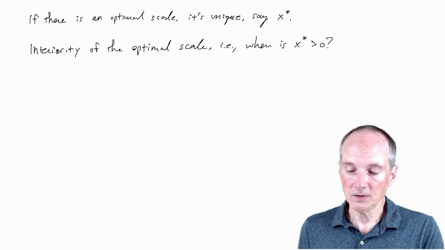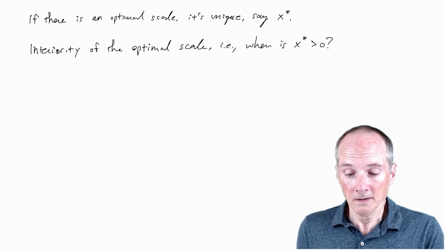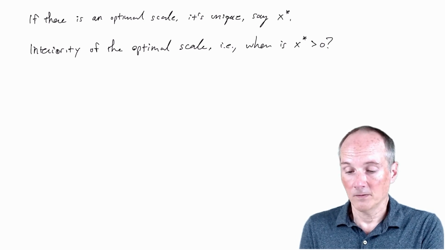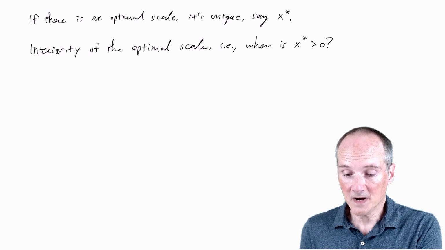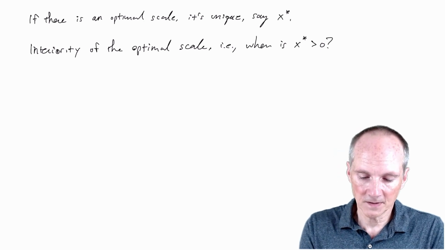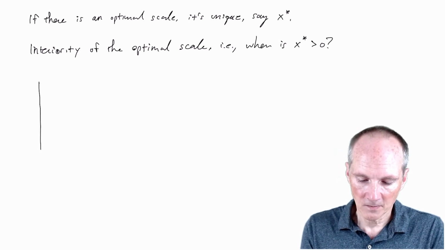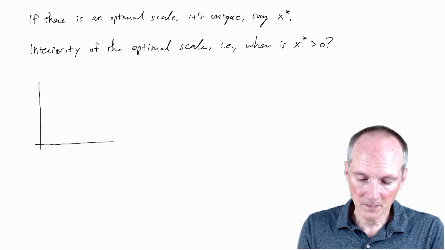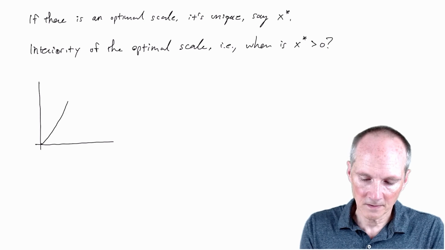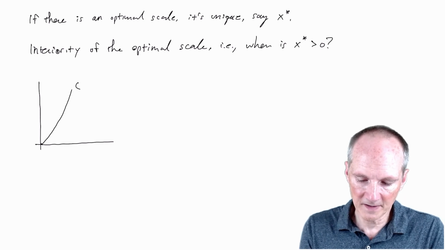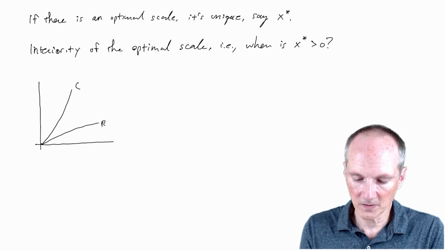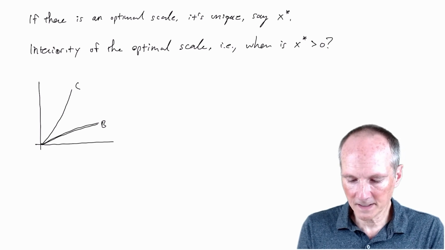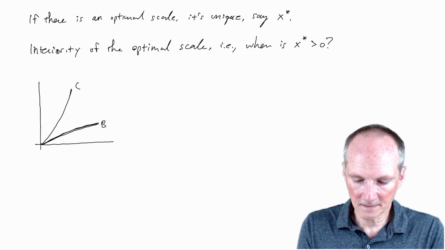Okay, so in every picture I've drawn, if there's an optimal scale, it's positive. So what are we actually concerned about here? Well, we're concerned about something like this, where the cost function is like so, and the benefit function is like so. Here, the benefit function is nice and concave. The cost function is nice and convex.